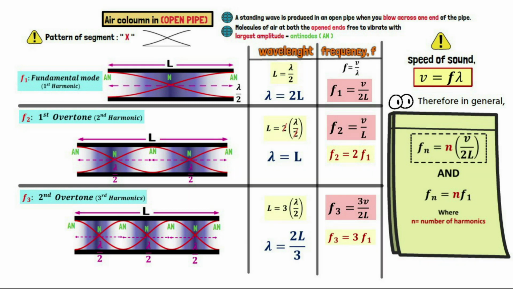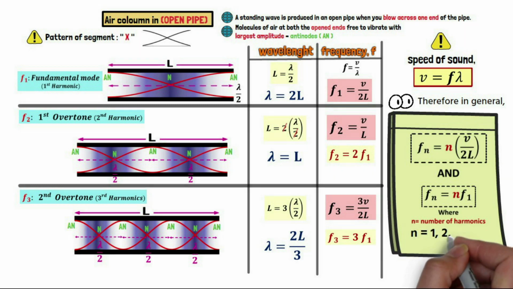Alright? And Fn is equal to nF1, where n is the number of harmonics and the value of n is equal to 1, 2, 3, 4, 5 and so on. Okay? Equationnya sama macam stretch string dan the number of harmonics pun sama. 1, 2, 3 dan semua nombor.